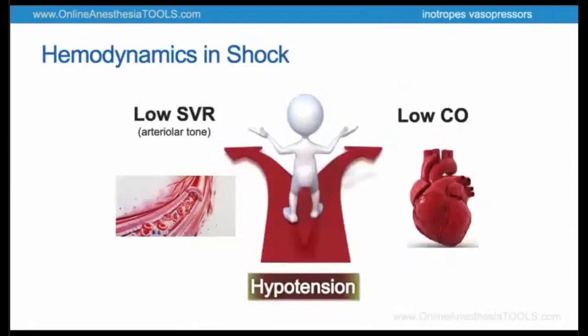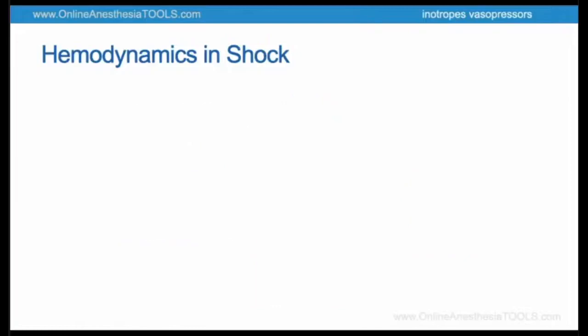Let us see how we interpret the clinical findings of shock. Say for example, hypotension could be a result of vasoplegia or loss of systemic vascular resistance. It could be the result of low cardiac output or stroke volume as well.